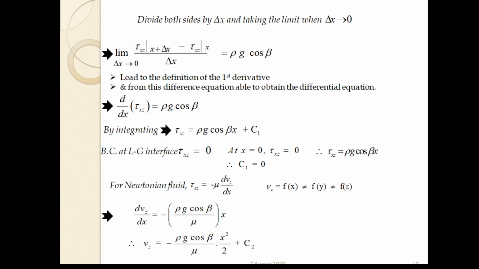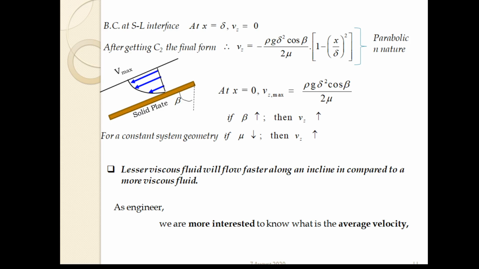When we put that in and solve for c2, we get vz equals minus rho g delta square cos beta upon 2 mu multiplied by 1 minus x upon delta whole square. This is the velocity profile for the falling film on a solid inclined plate, which is parabolic in nature.